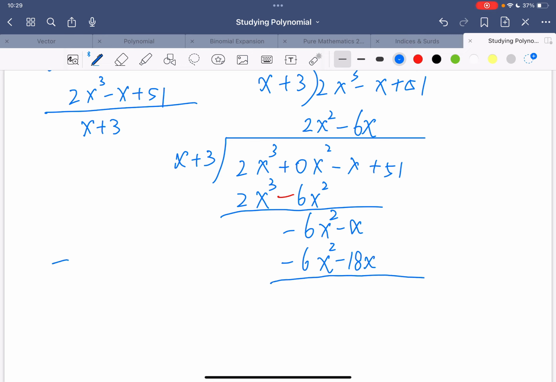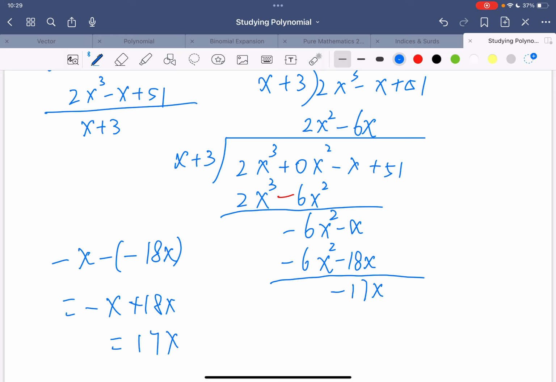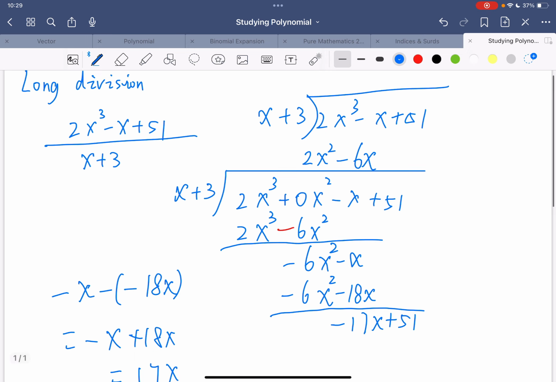So negative x subtract negative 18x equals negative x plus 18x equals 17x. Okay, 17x plus 51.